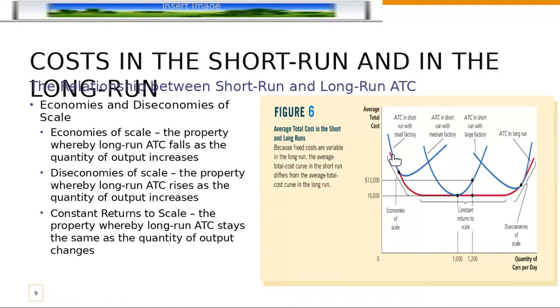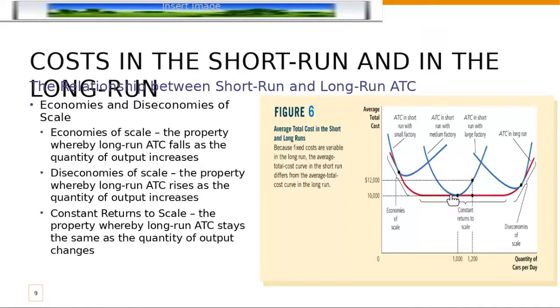So average total cost in the short run with a small factory means that you have to produce not at the quantity minimizing point, but rather at a higher average total cost. Simply put, a small firm can't get the volume required to be efficient. However, in the long run, a larger firm can establish economies of scale and minimize their average total cost.